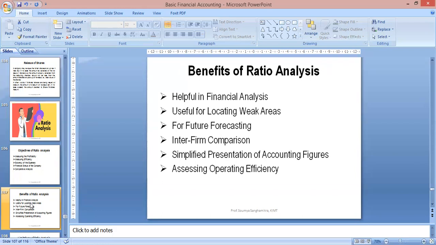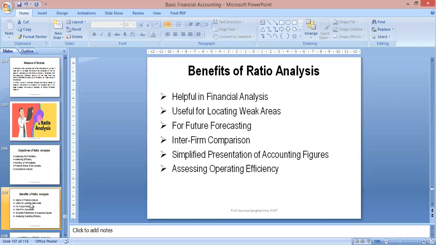Then for future forecasting. Financial analysis can be used for the purpose of making future planning and forecasting by way of budgeting. Then also inter-firm comparison. Financial analysis facilitates inter-firm comparison by bringing their performance to the same scale. Then also simplified presentation of accounting figures.